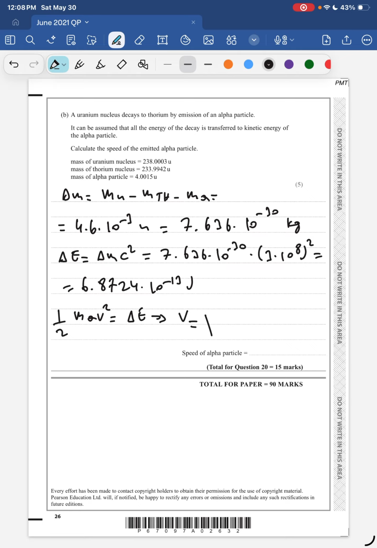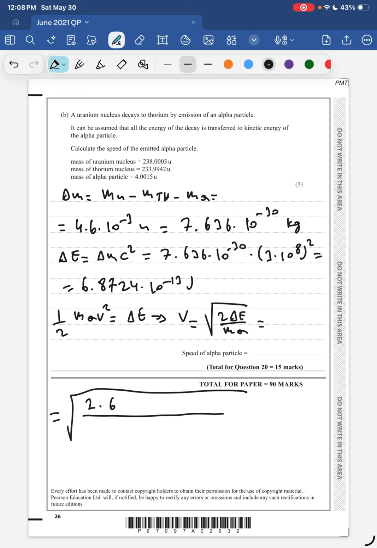So V is the square root of 2 times delta E over the mass of the alpha particle. So we get the square root of 2 times 6.8724 times 10 to the negative 13 over 4.0015, which is in atomic mass units, times the atomic mass unit, which is 1.66 times 10 to the negative 27.